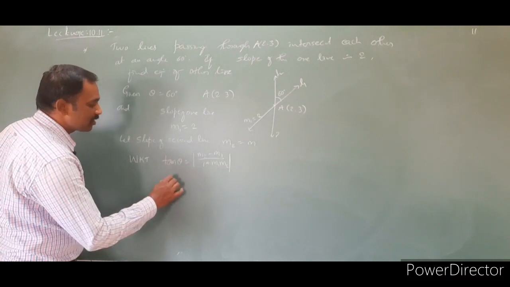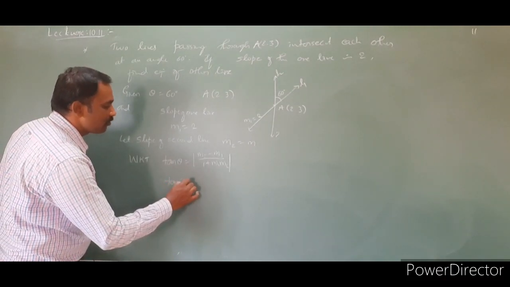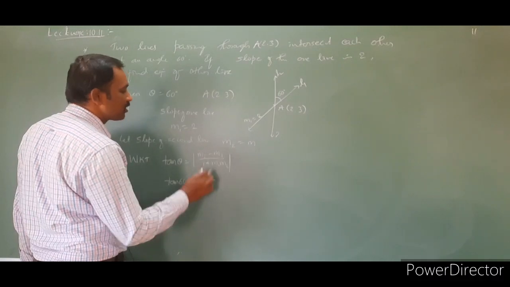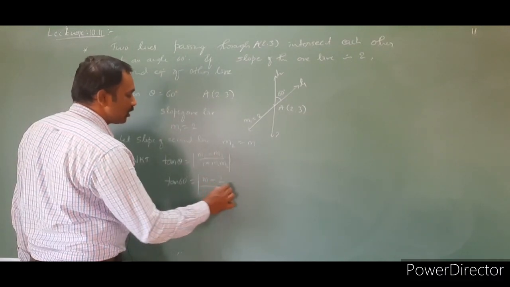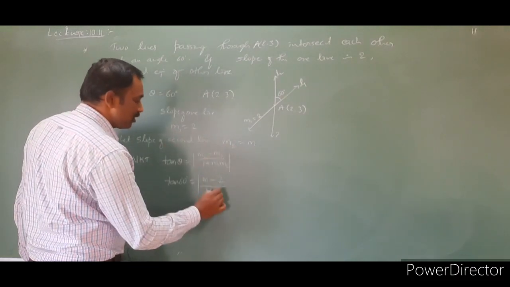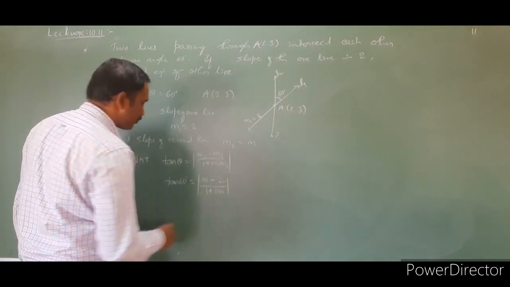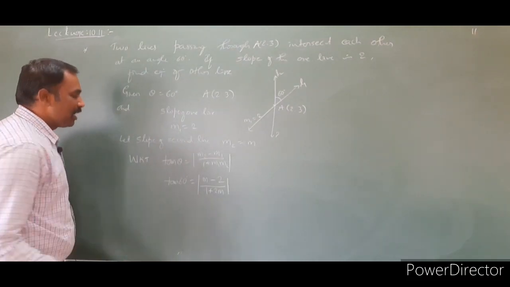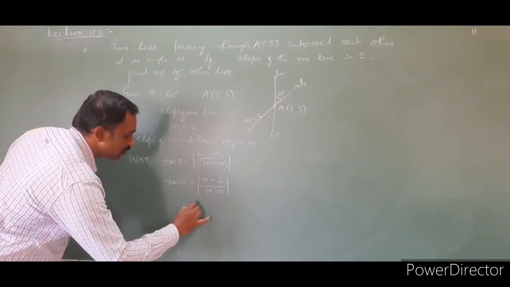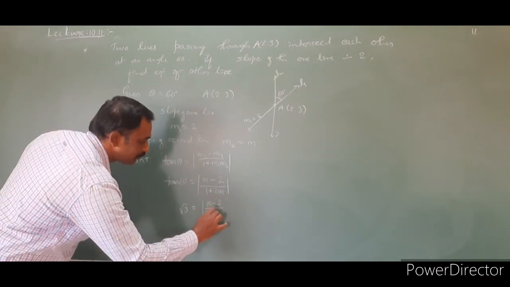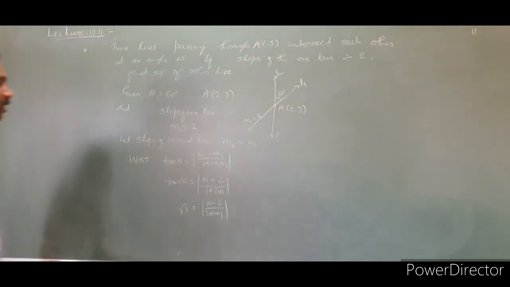Tan of 60 degrees is equal to (m minus 2) divided by (1 plus 2 times m). What is tan of 60? Tan of 60 is root 3. So root 3 is equal to mod of (m minus 2) divided by (2m plus 1). Now how do you evaluate this value?